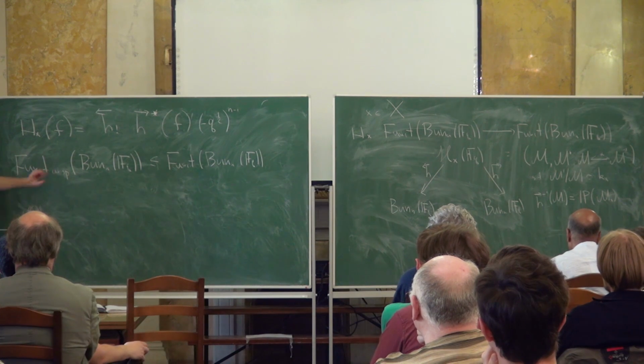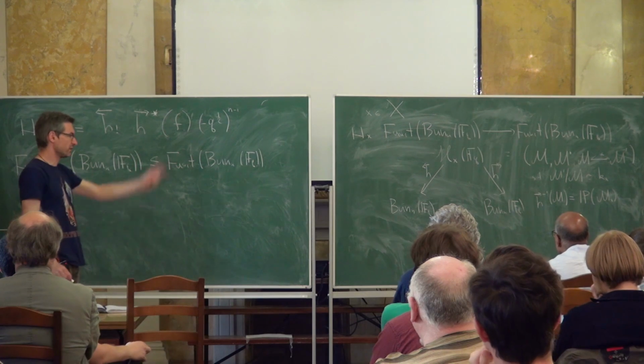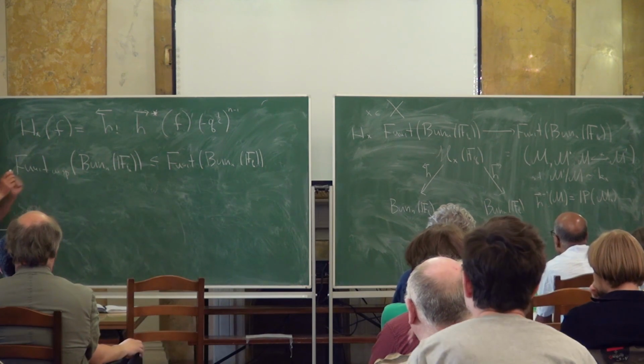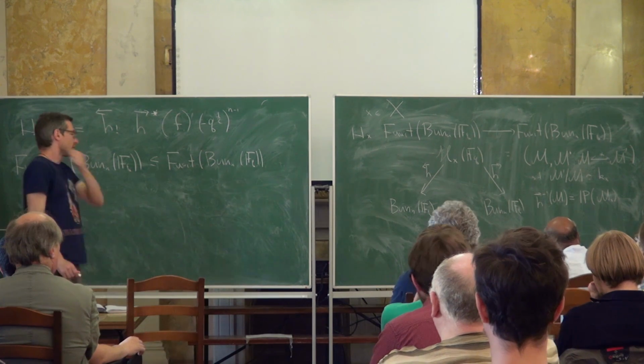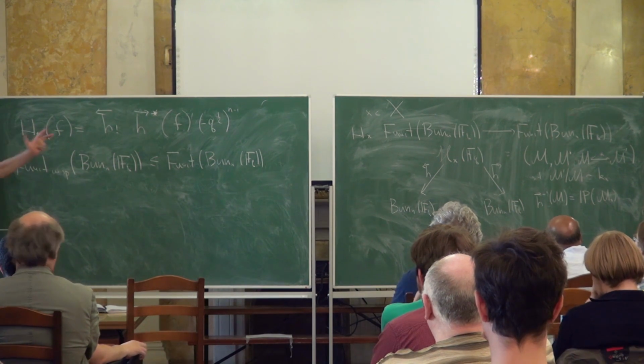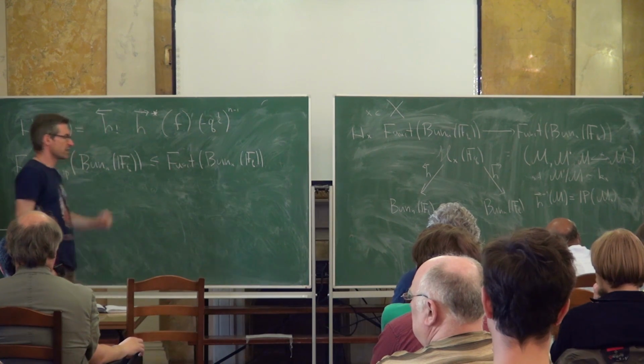In other words, every vector is contained in a finite dimensional subspace invariant under all these operators. So the diagonalization problem is well posed. And you can also see that these operators are actually diagonalizable.